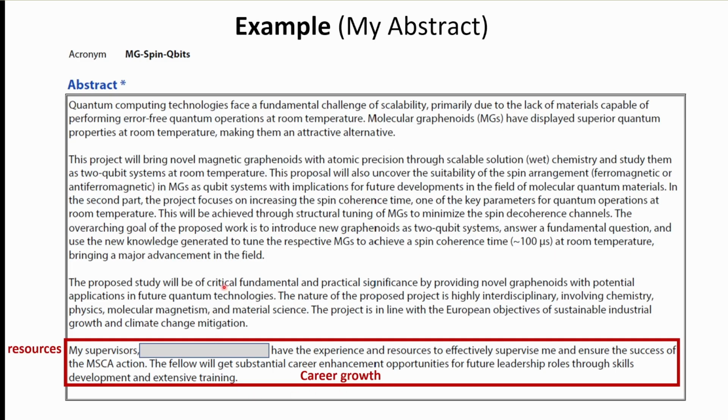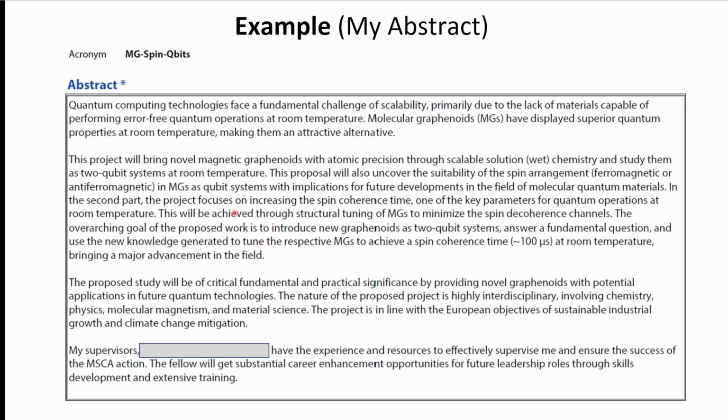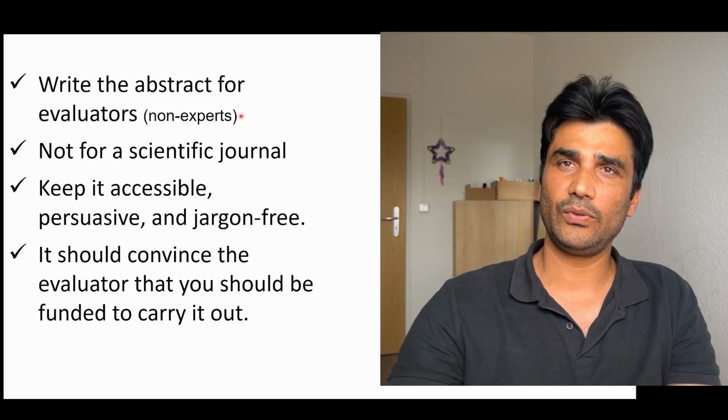So this is how I wrote. You can write from your perspective, from your field, but the information that I have given is, I think, generally applicable for all fields.